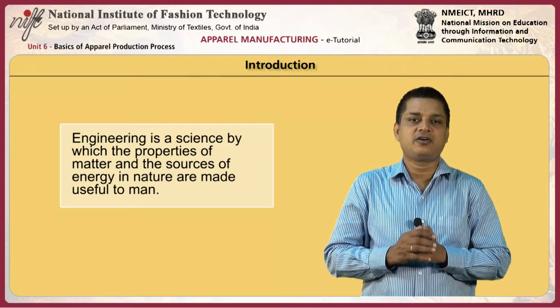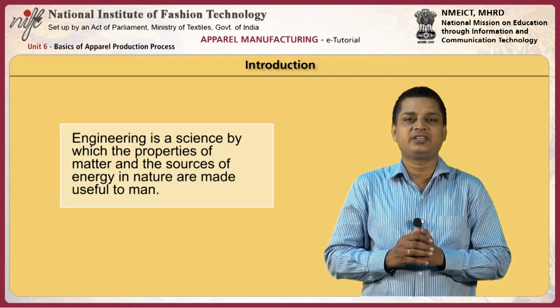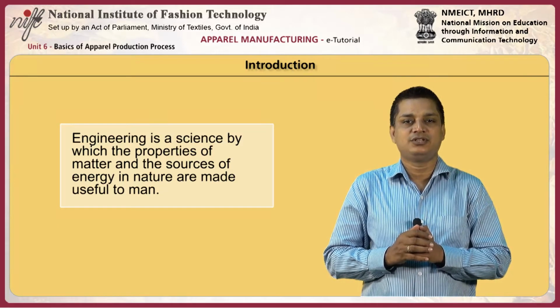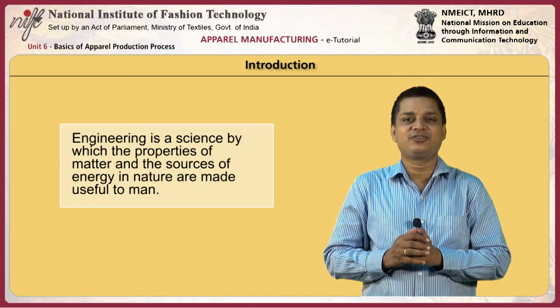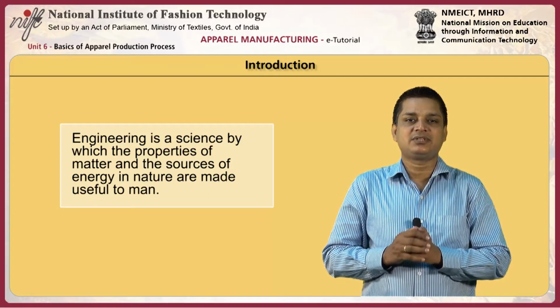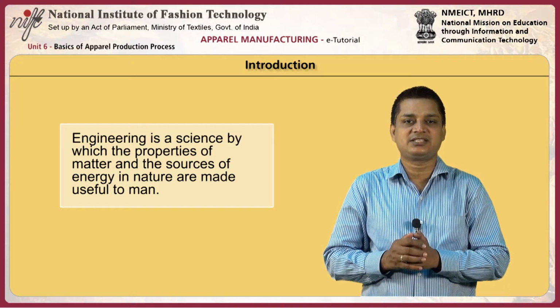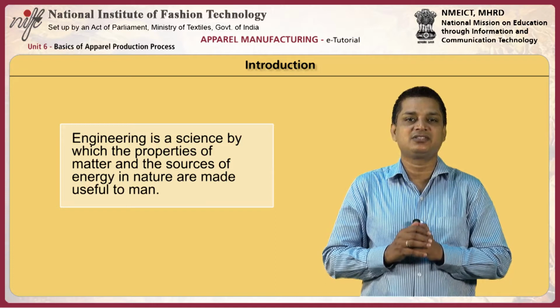The properties of matter and sources of energy cover just about everything we know of. So, let's just refer to this as things. Making useful to man gives us a purpose of engineering. So, now we can say engineering is making things useful to man.